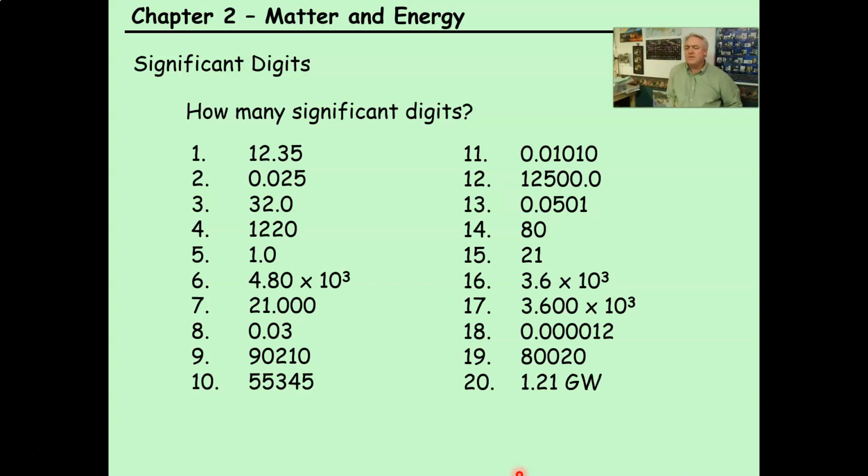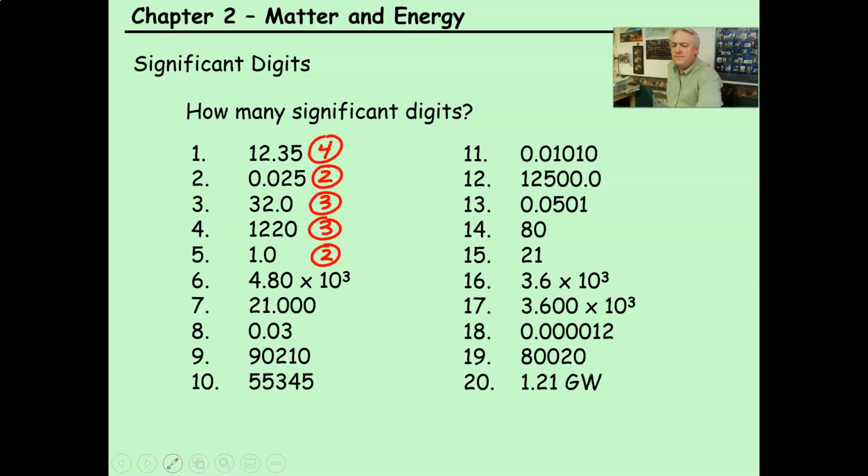All right, try the first 5 here. All right, here are your answers. Take a look. If you want to pause this video and try the rest of these, do that now, and then I'll give you the answers here.